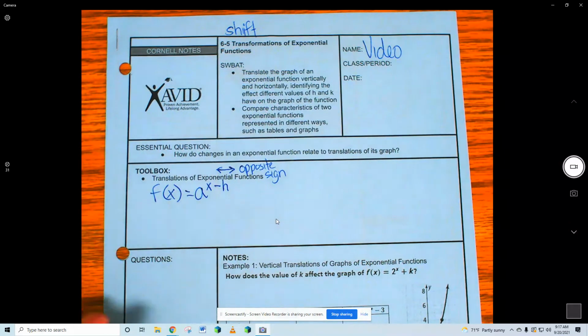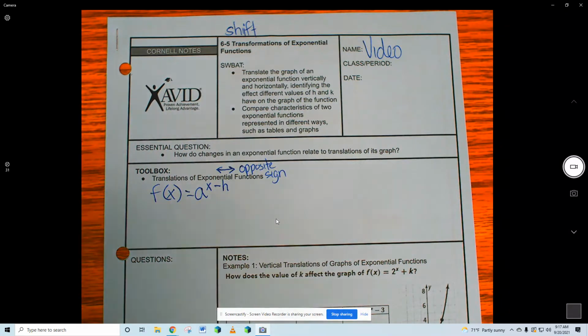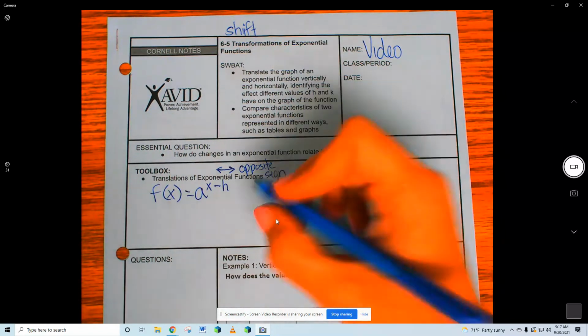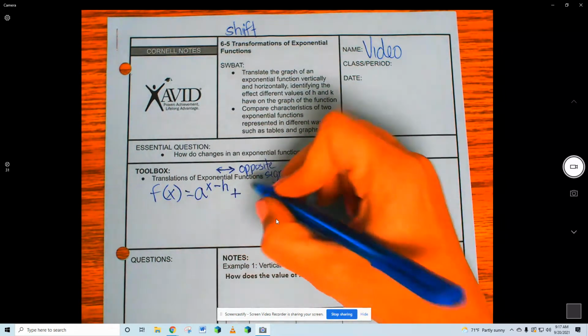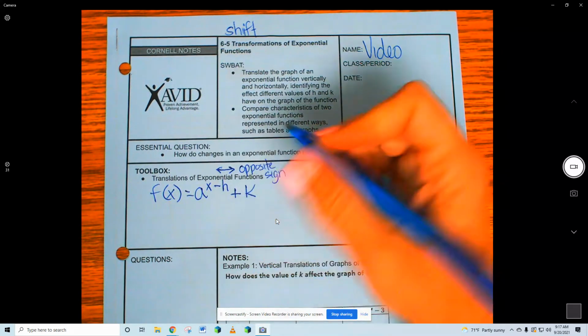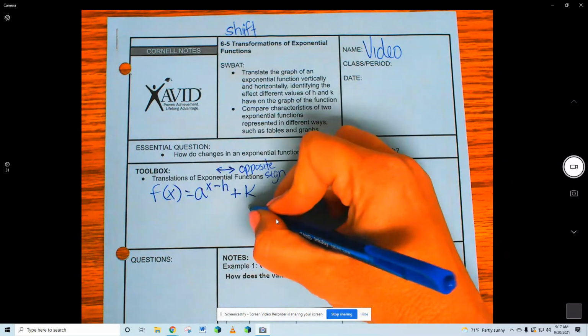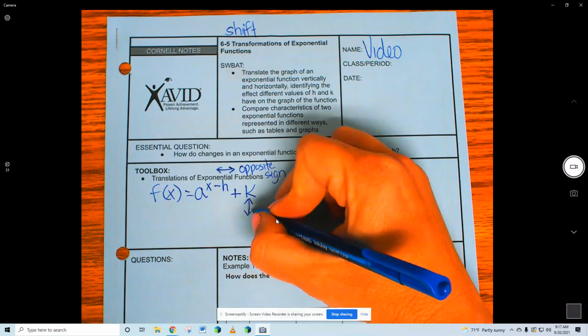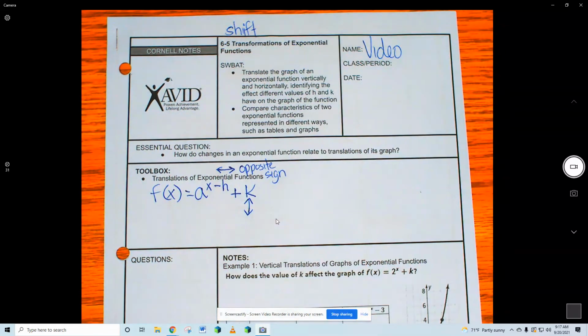So whatever number h is, I have to move my curved graph the opposite direction, left or right, and that's going to be in the exponent. So then there's another number. It's a large number, and it's at the end, and I'm going to call that k. And a k tells me to go up or down. And the sign is what it is.